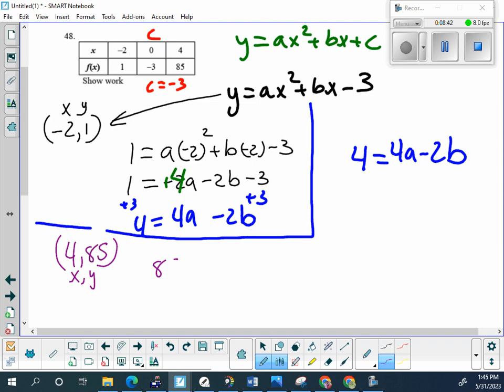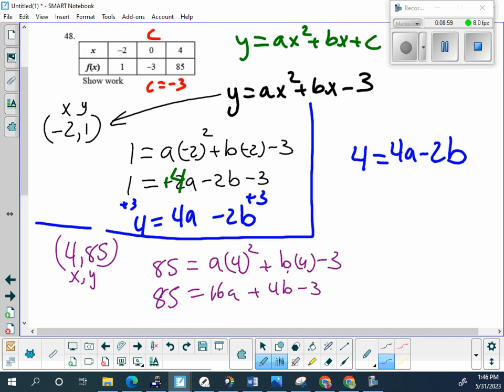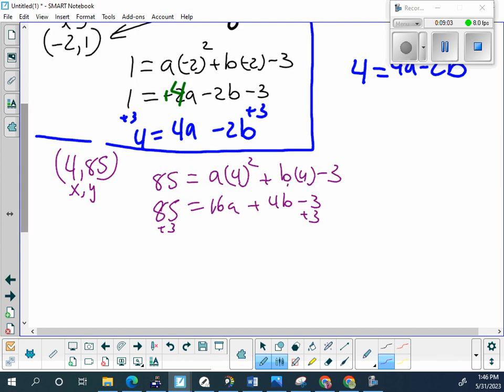It's a different x, y, so 85 equals a times 4 squared, which is 16, plus b times 4, and again, minus 3 for everything. So this is 85 equals 16a plus 4b minus 3. Add the 3 over. My other equation is going to be 88 equals 16a plus 4b.